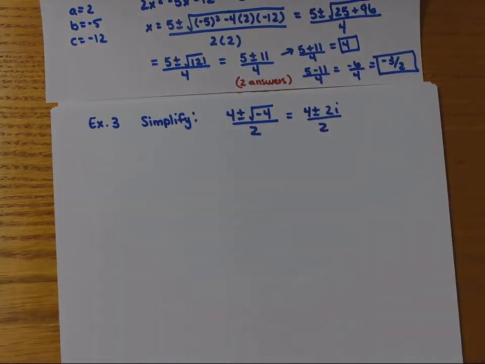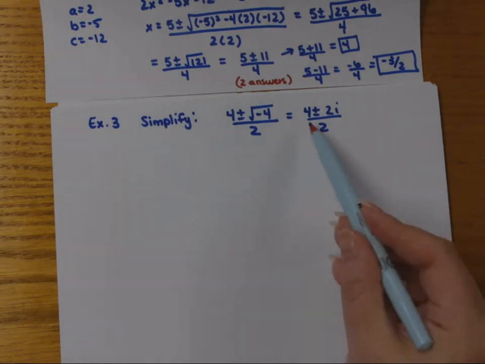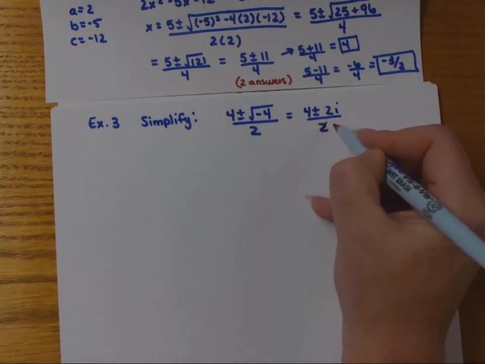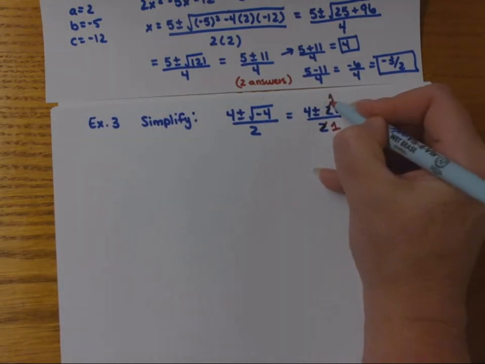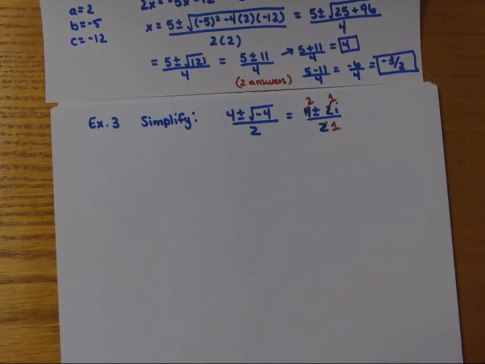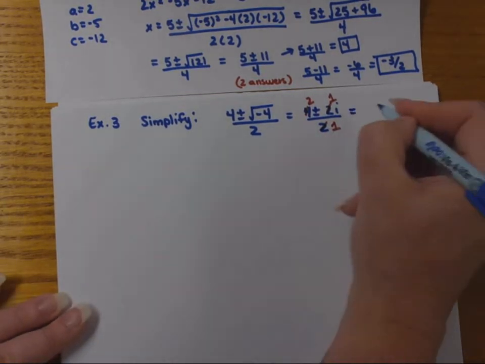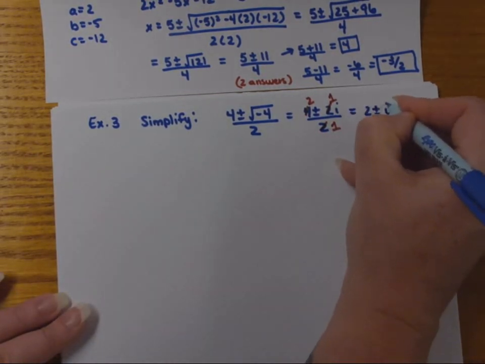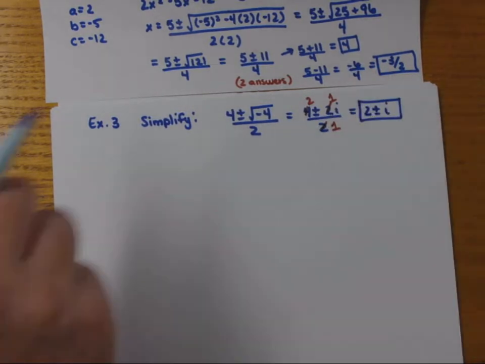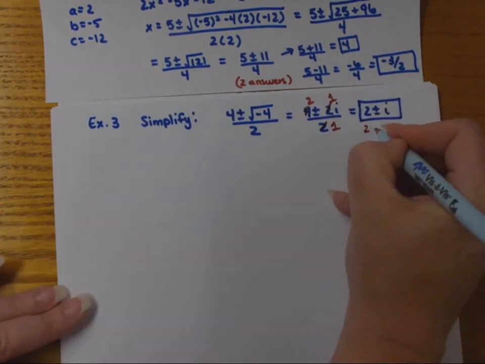I know we're not going to super love answers with imaginary numbers in them, but you can get those for answers. Then 2 goes into everything, so 2 goes into this once, and this twice. So you end up getting 2 plus or minus i, which is 2 answers, but they are imaginary.